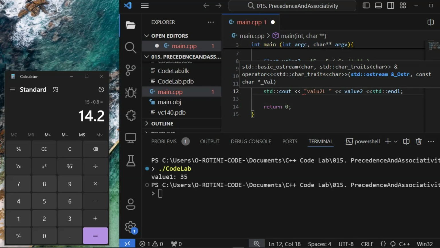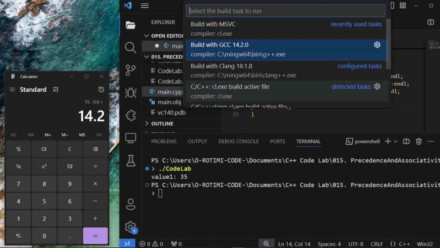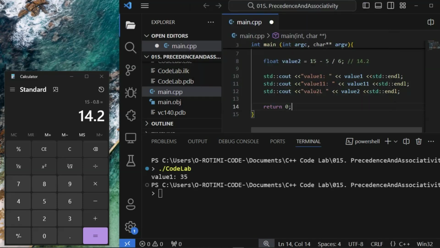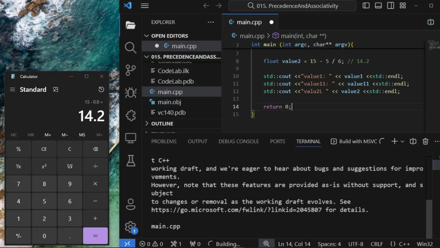So now I can run my code again and let's see what the compiler is going to give us. I will try and use it again. You can actually use any of your compilers, and any code editor you are using, it works on any code editor.